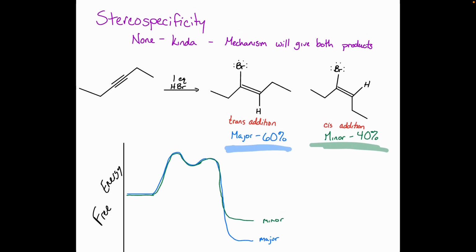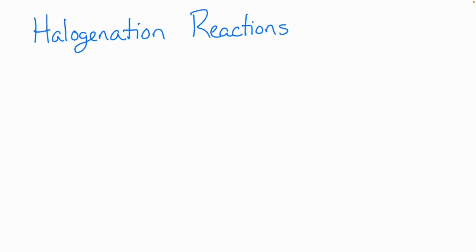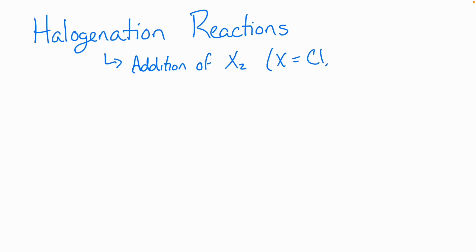All right, so another reaction that we've seen before, and we're going to see again with our alkynes, are halogenation reactions. By that we mean the addition of X2, where X is chlorine, bromine, or iodine.